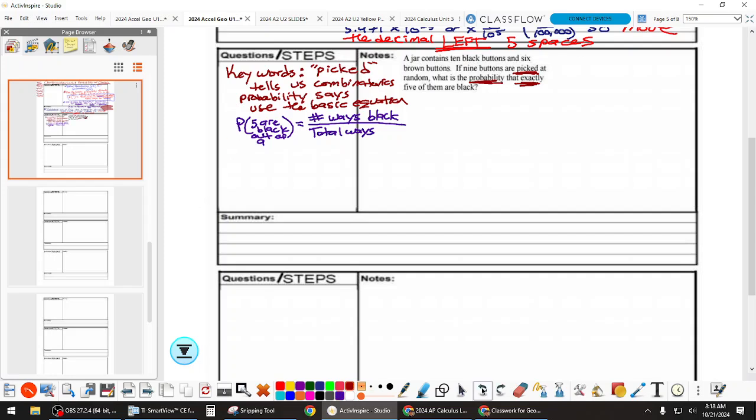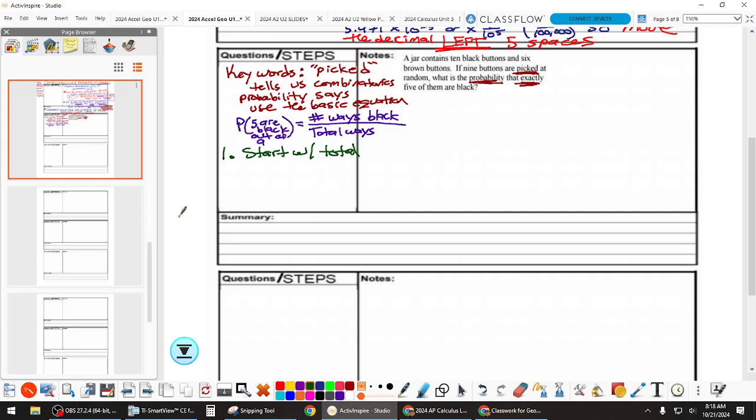Let's pick a different color for that. That's a suggestion, not a rule, but it just helps frame what you're actually counting. So in this case, what are we counting? Like what is our denominator described as? Not the number, but how do we describe the denominator? 9 buttons picked.